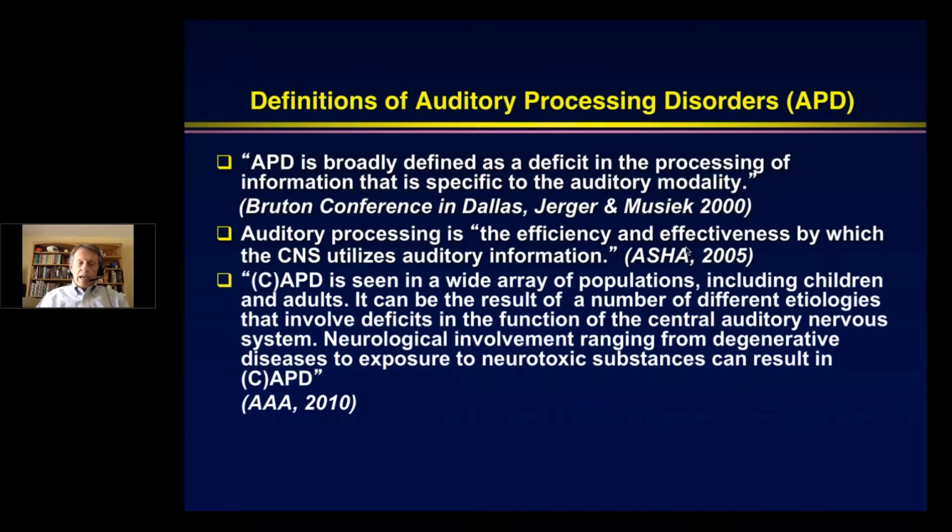And the final point I'll make here, and we'll go into this more in the workshop, is that APD can be seen in a variety of different types of patients, children and adults, sometimes in people with clear damage or dysfunction in the nervous system, degenerative diseases, for example, or head injuries.